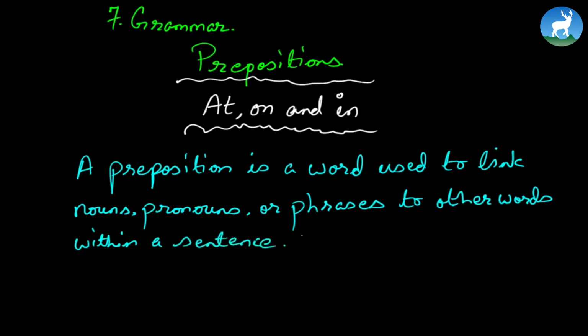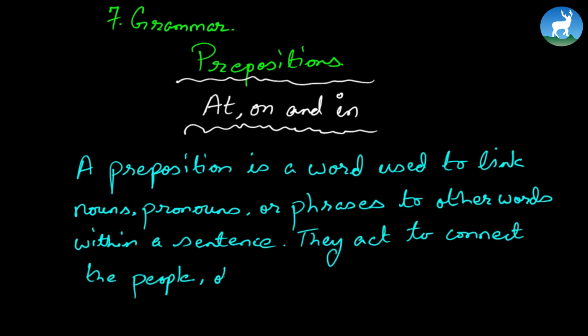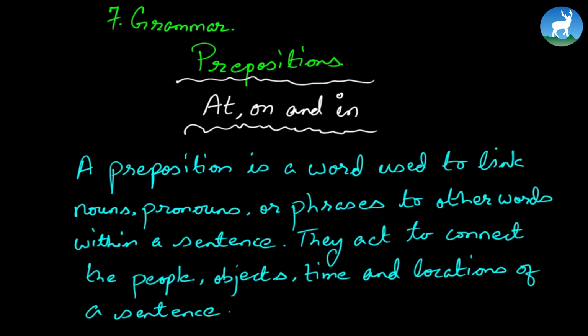They act to connect the people, objects, time, and locations of a sentence. See? So in a way, prepositions always act as a bridge to connect. All right, we'll further clarify this with an example.